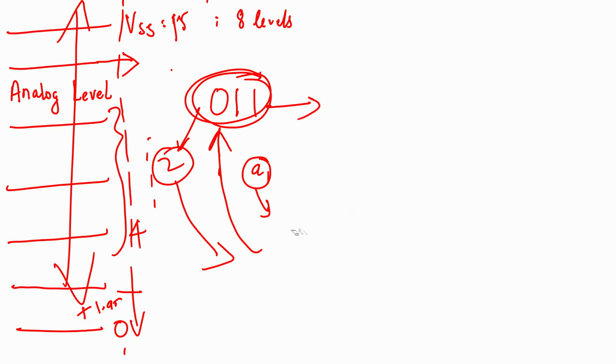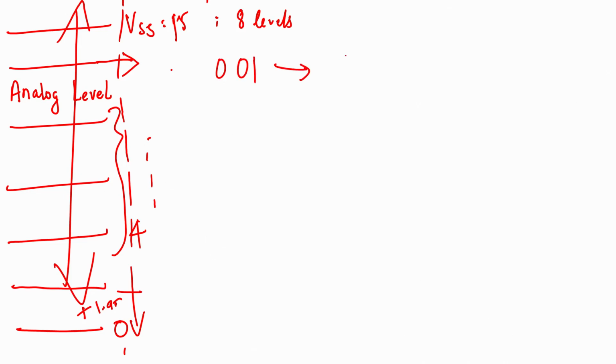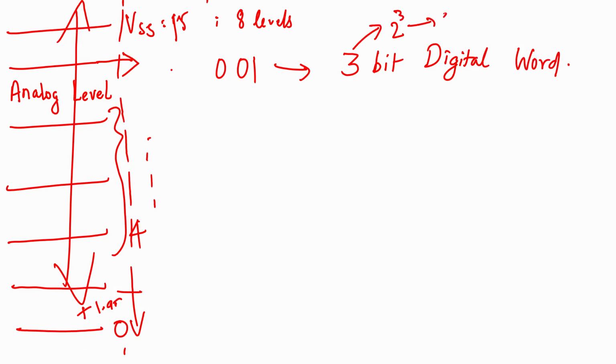So, then we understood that let us say it is a 3-bit digital word. Now it is very clear to you to speak also, right. What we call this is a 3-bit digital word. So, if it is a 3-bit digital word, you can have up to 2 raised to 3 equal to 8 voltage levels in your analog domain.